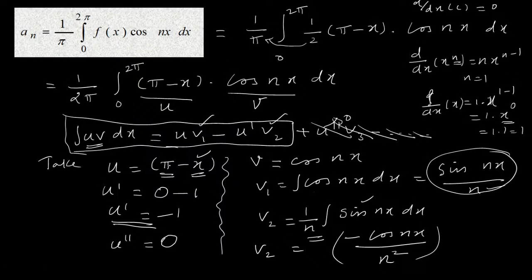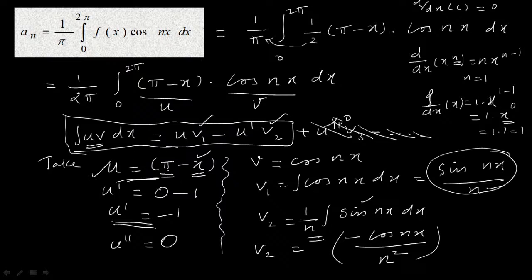Now let me calculate the value of an. So an is equal to 1 by 2 pi, then u. What is your u? Your u is pi minus x.